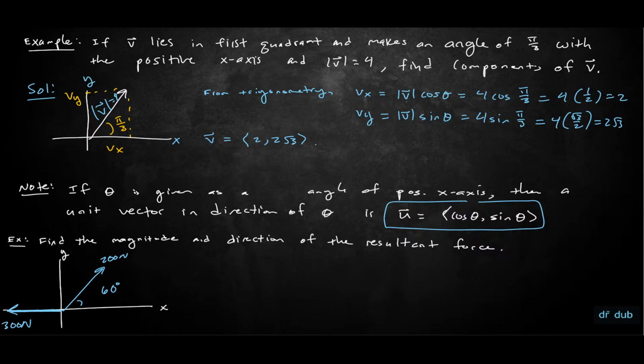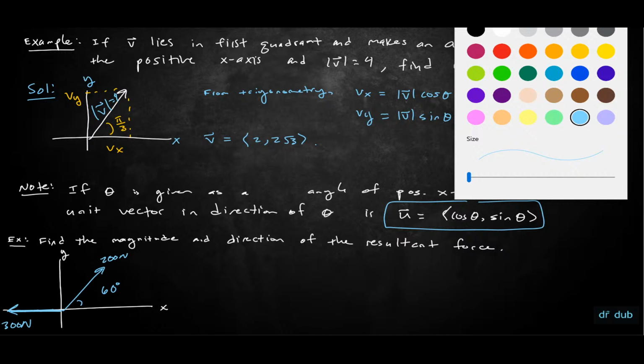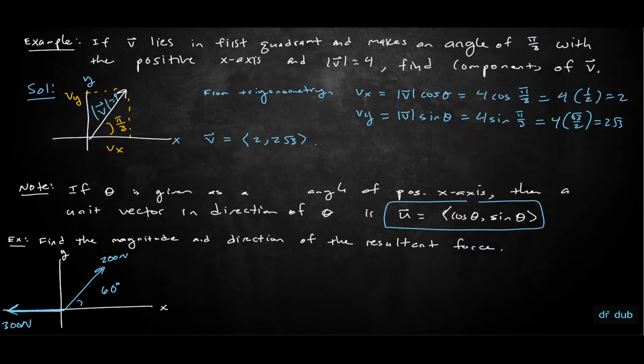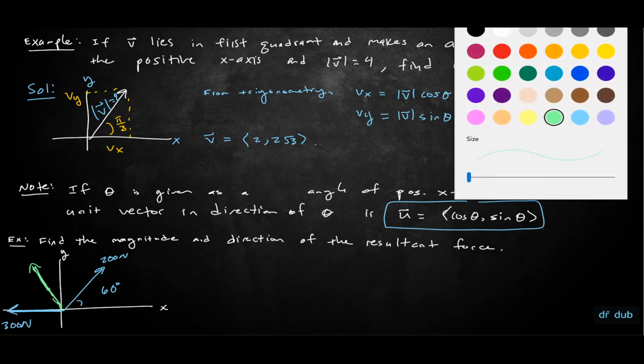So where do you think the resultant force is going to be? Well, probably somewhere between the two. My guess is something like this. So when you add those two forces together, it's probably going to be something like that.